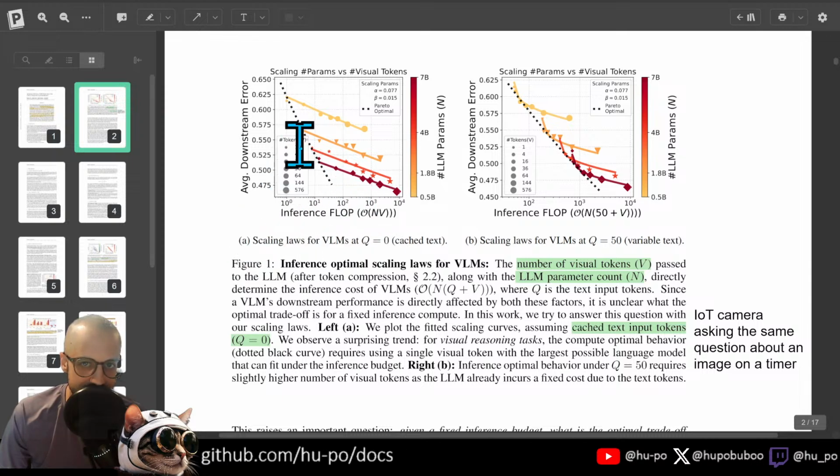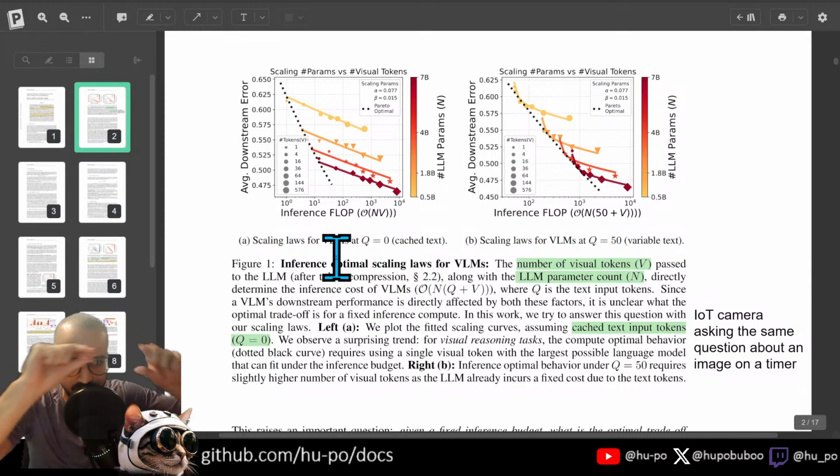So this very tiny dot means that you're compressing the image just to one token, right? Your vision encoder and then your little projector are just creating one token that represents that entire image, versus here, 576, this big, means that you are taking that image, turning it into patches, going through the vision encoder, and then you end up with 576 visual tokens, right?